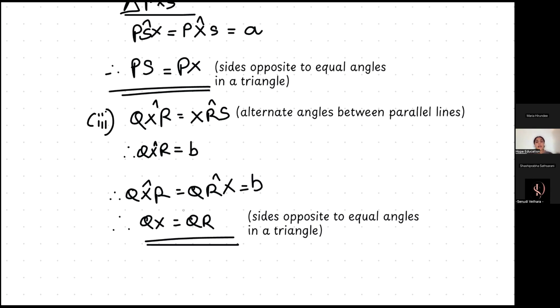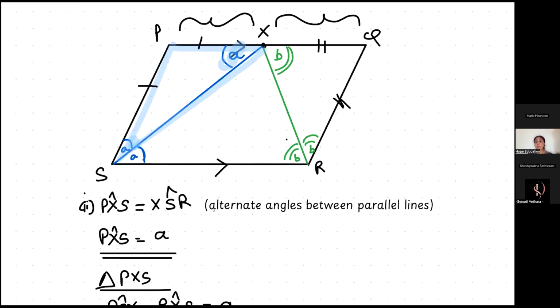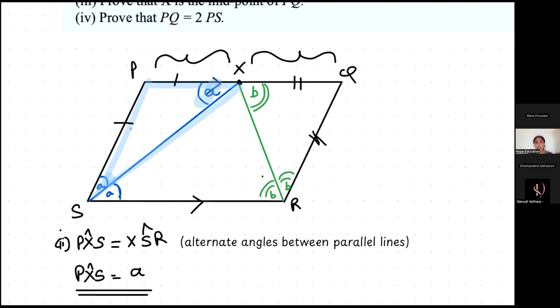So then the next part is, this is a parallelogram. Parallelogram එකක් කියලා කියන්නේ PS කියන side එකයි QR කියන side එකයි equal. Why? They are opposite sides of a parallelogram.